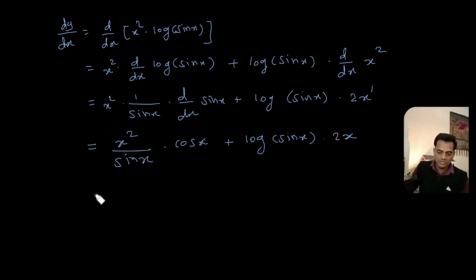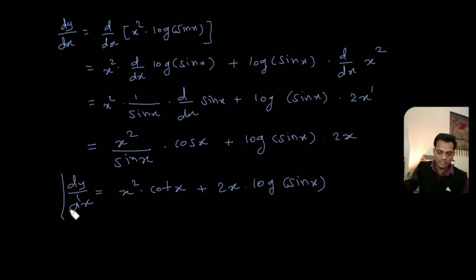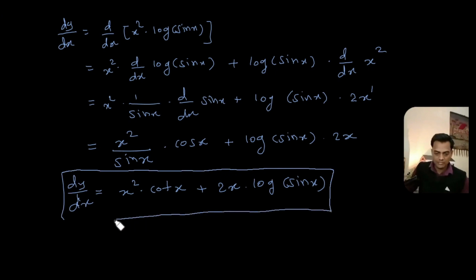When you solve it, it will become x square into cos x divided by sine x, which is cot x, plus 2x into log of sine x. So dy by dx is equal to this. That's done.